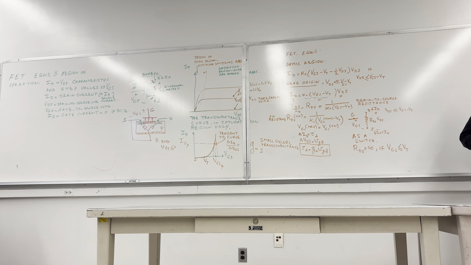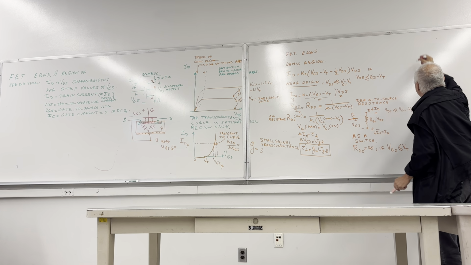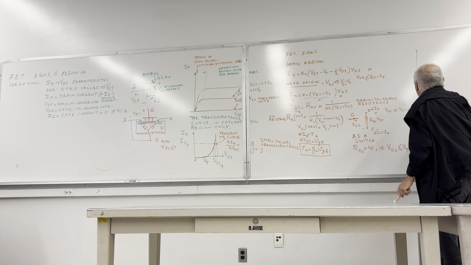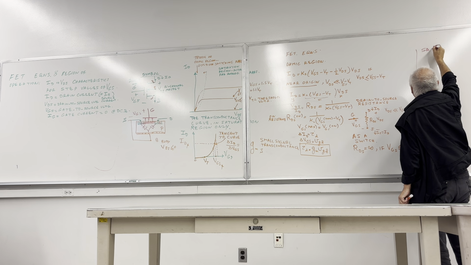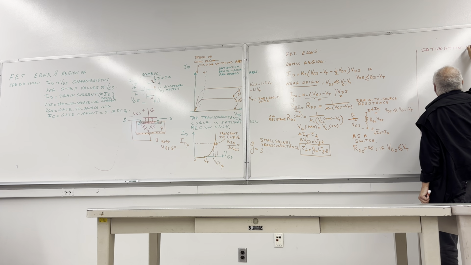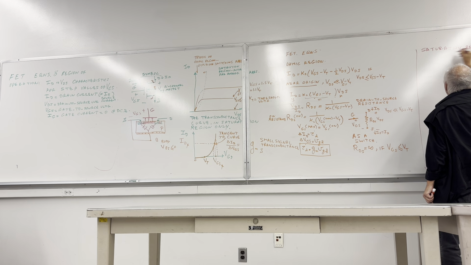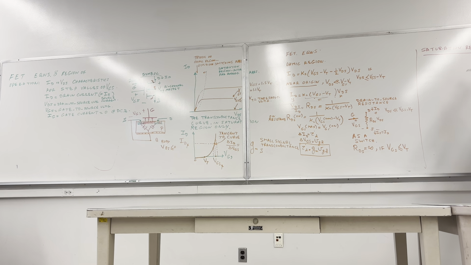Now the next one is the saturation region. Once we get to the saturation region, VDS, drain to source, becomes greater or equal to VGS minus VT.